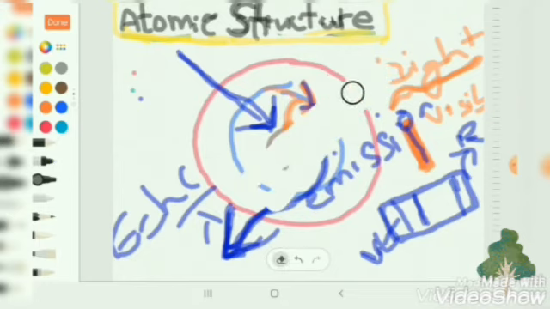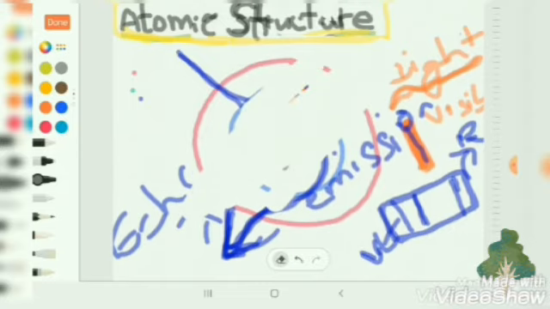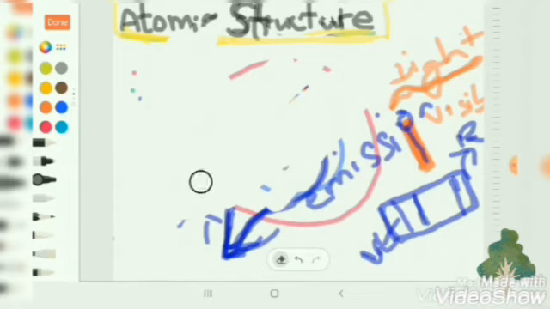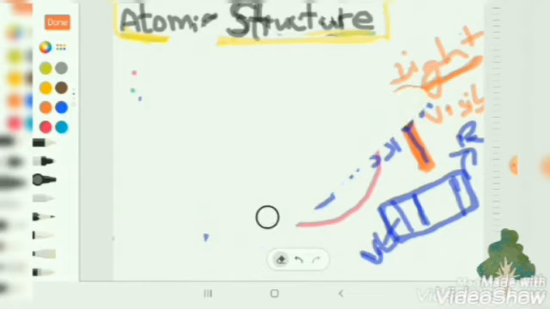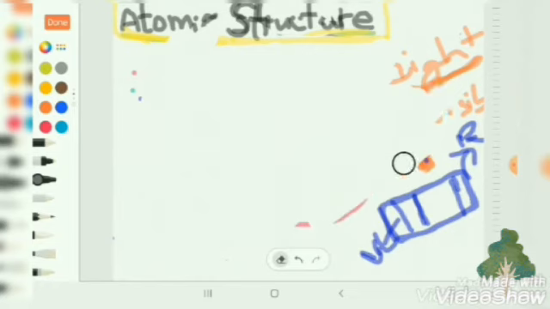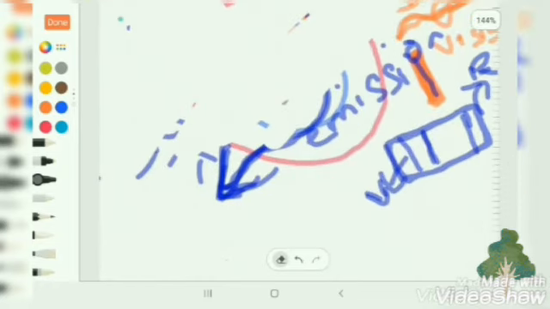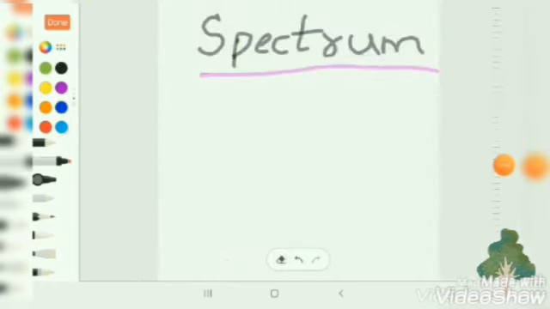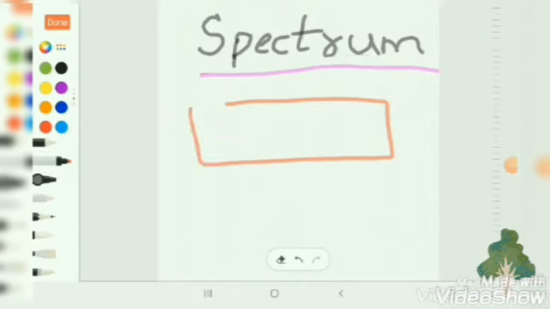And here the limitation of Bohr's model came. Guys, this group of light of different wavelengths is known as spectrum.